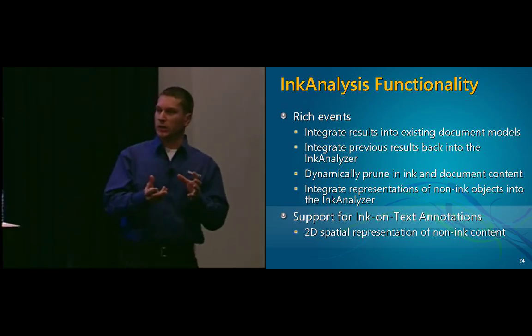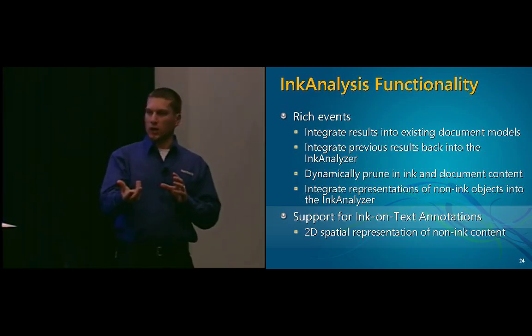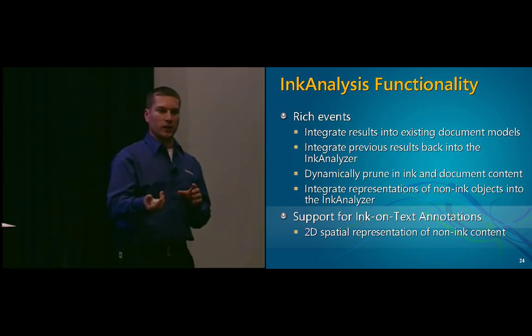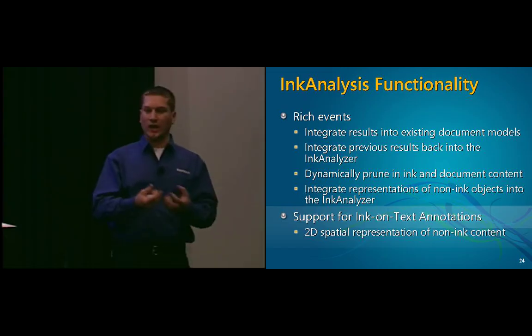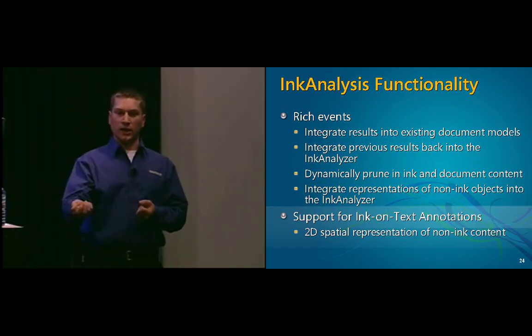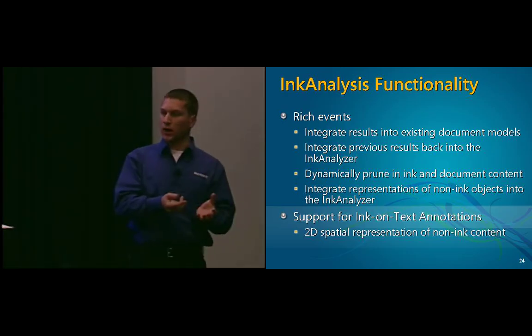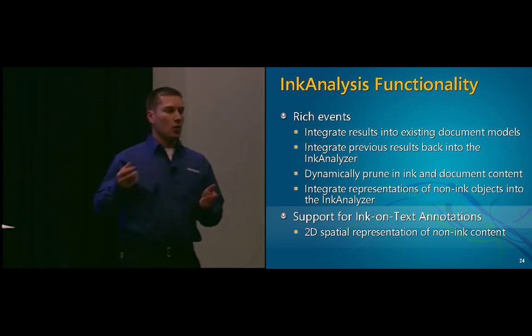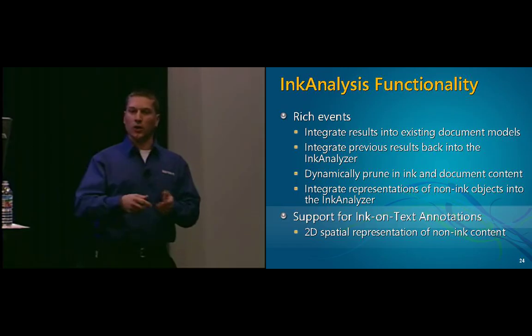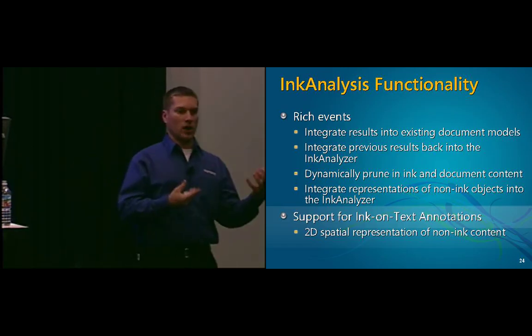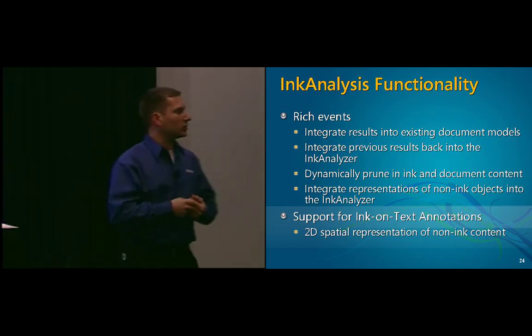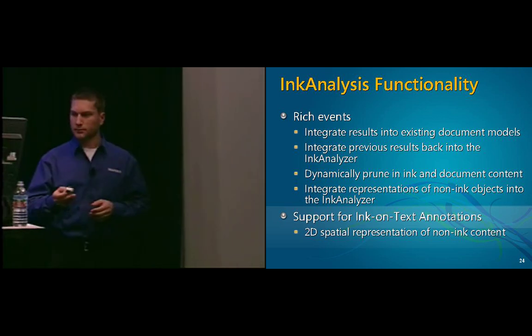These are all just simply what we call context node objects. Well, we let you create context node objects as well to tell us about information. So if I have a text word, I can go create a text word object, add that into effectively our result structure. You tell us the location of that text word context node. Next time we go off and analyze, if we've got ink near it, we'll create a relationship between that text node object and that ink object that we just analyzed.